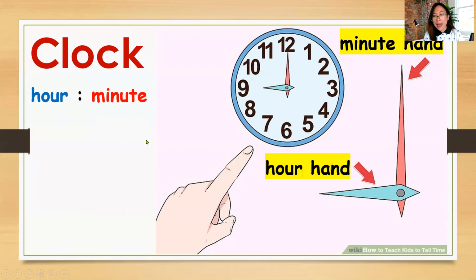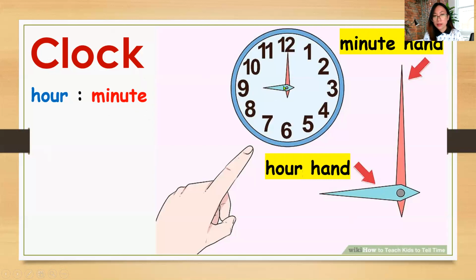When we look at the clock, we read it in the form hour and then minute. Hour, minute. So here, look where the hour hand is pointing. What number is it pointing?